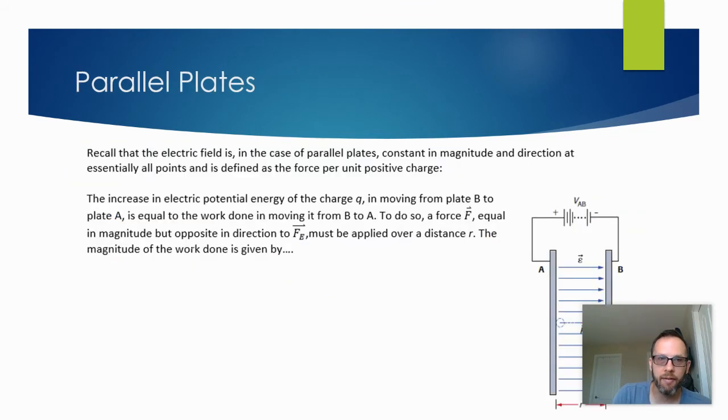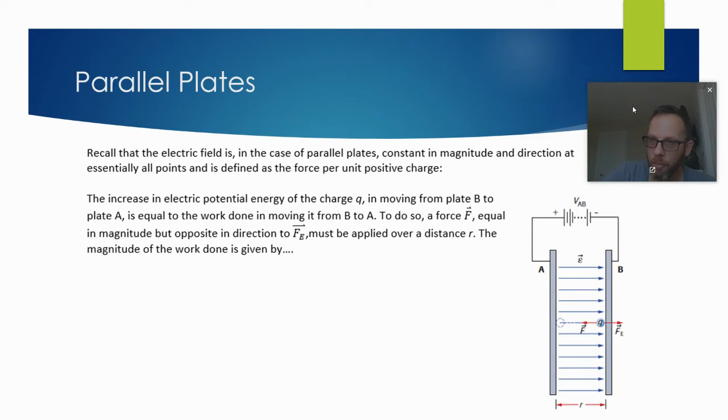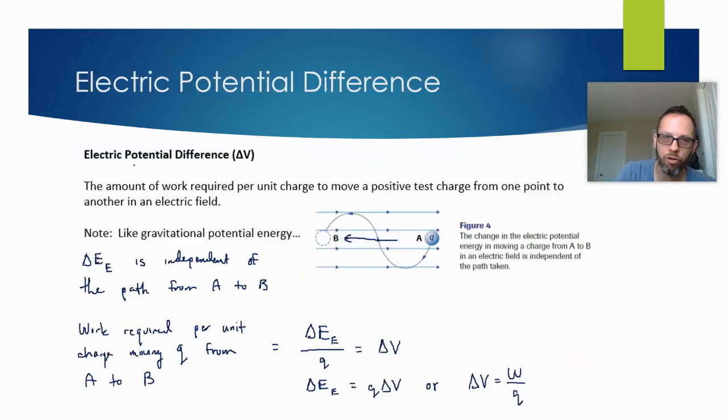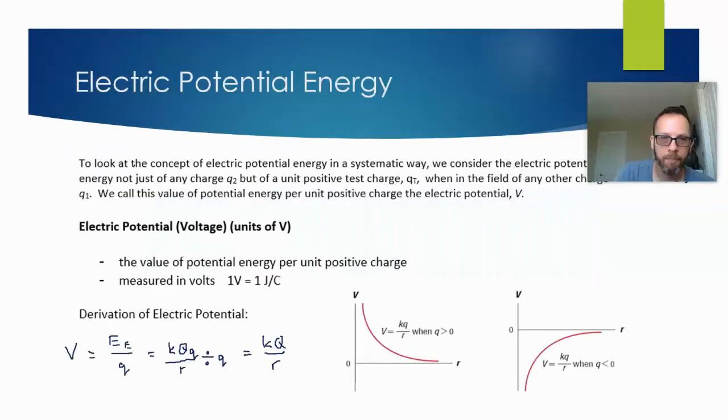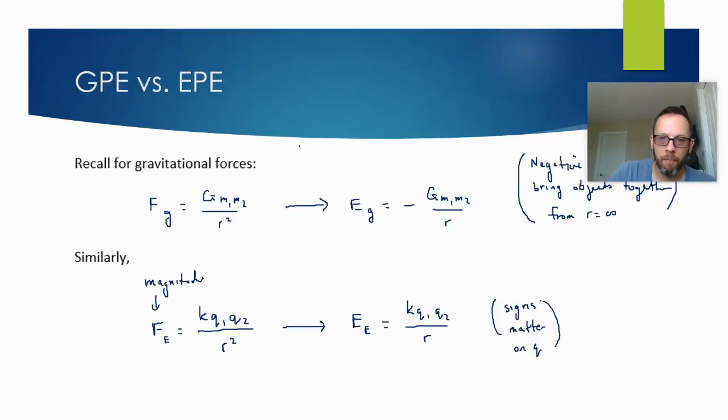All right, let's continue. We talked about how electric potential and electric potential energy work for point charges. But as we've seen, things are a bit different for parallel plates, because of our derivation for electric potential energy. If I go backwards, this derivation here, we have this equation.